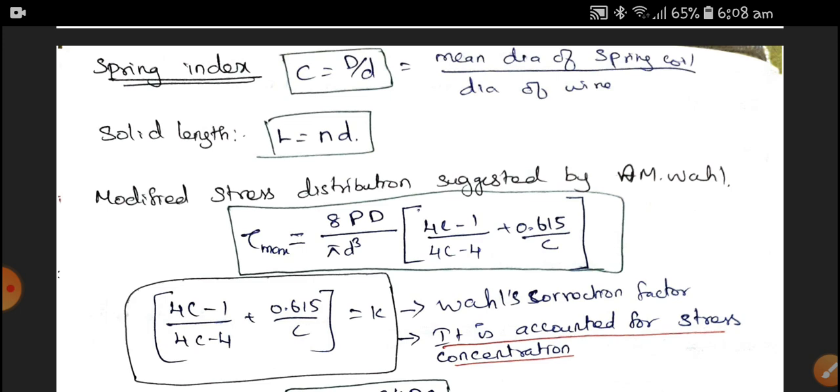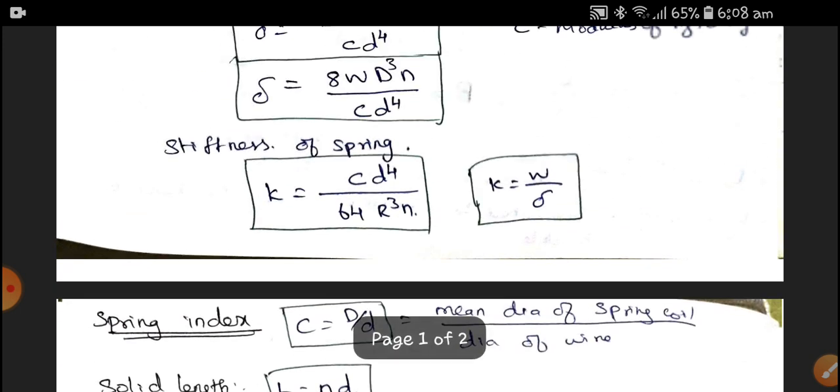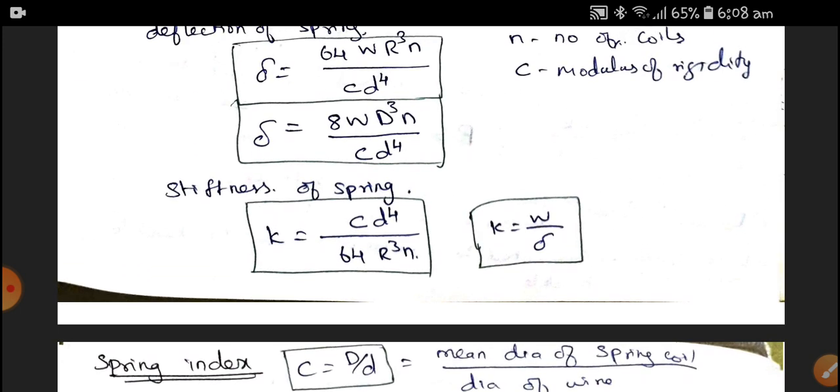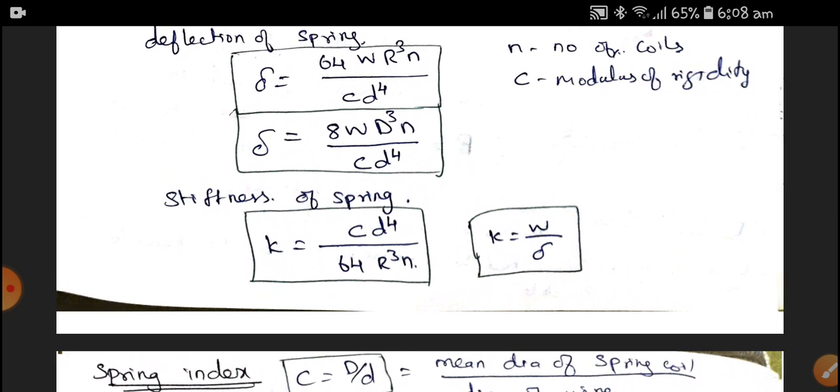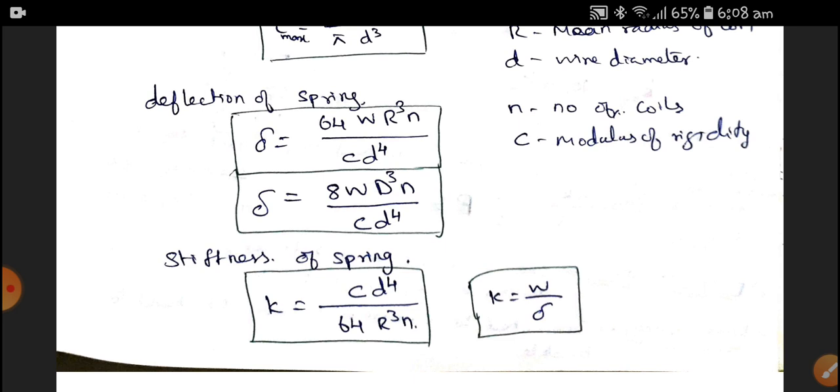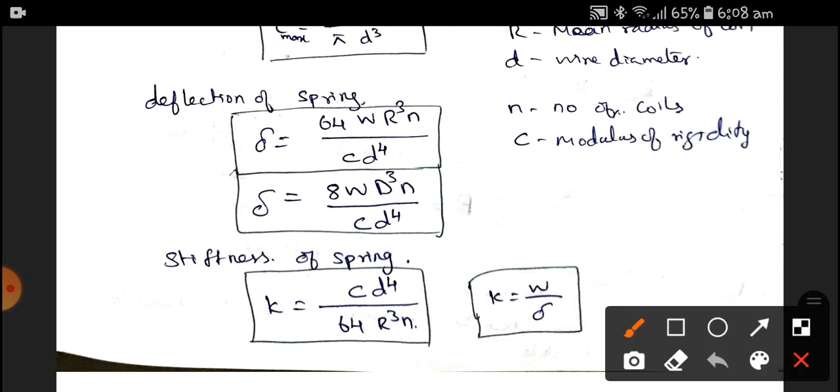We have noticed in the previous equation, the stiffness involves small d by capital D. Therefore, stiffness is inversely proportional to spring index. Whereas the deflection, you can easily visualize, has a D by d ratio. Therefore, deflection is directly proportional to the spring index.